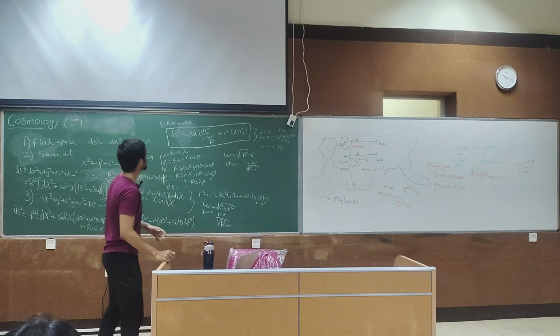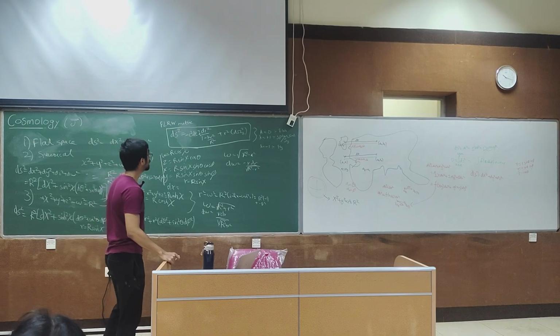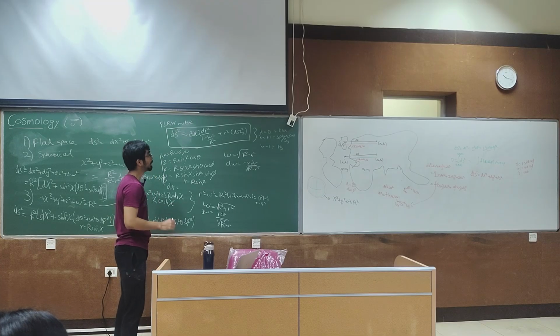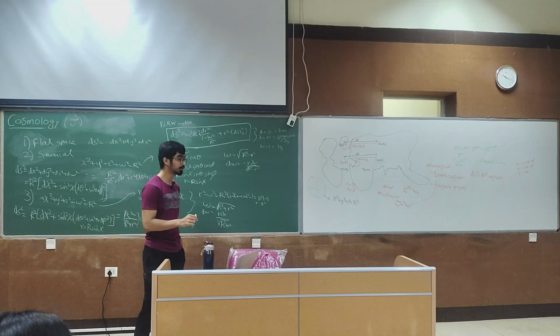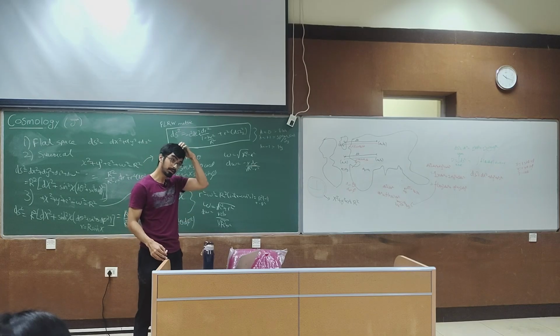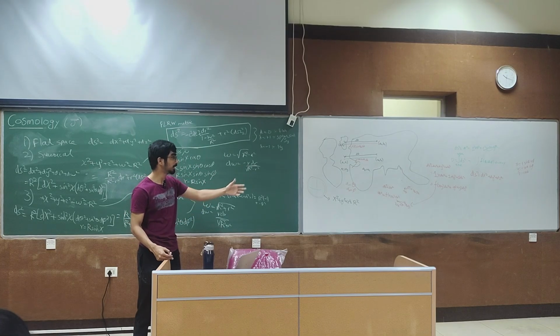The thing is that the metric determines how particles move, how objects move in spacetime. You must have heard Fermat's principle of least action, right? That light travels the minimum time.